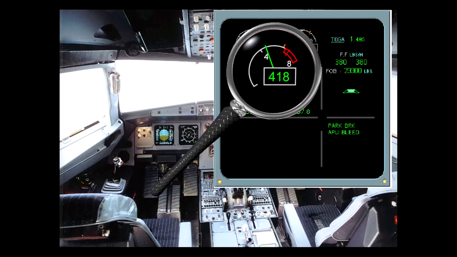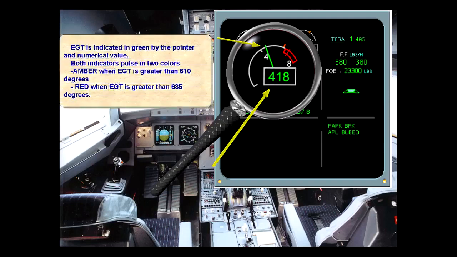EGT is indicated in green by the pointer and numerical value. Both indicators pulse in two colors. Amber when EGT is greater than 610 degrees. Red when EGT is greater than 635 degrees. The amber tick indicates the maximum allowable EGT: 635 degrees Celsius during the start sequence, 610 degrees Celsius after start.